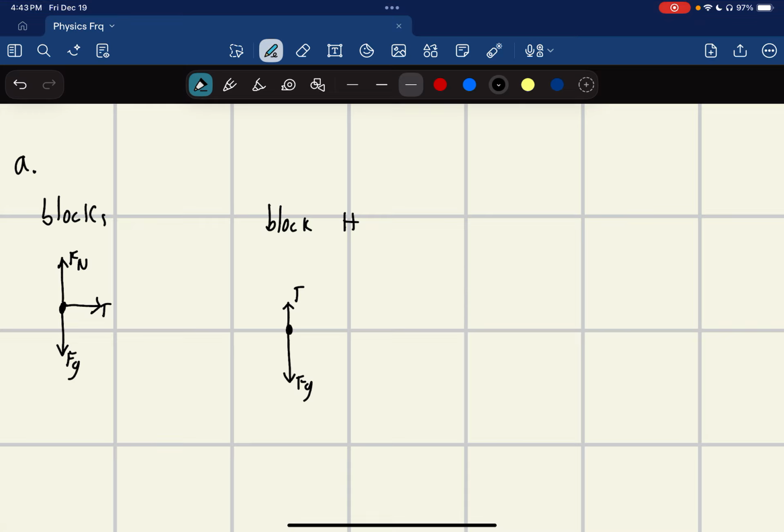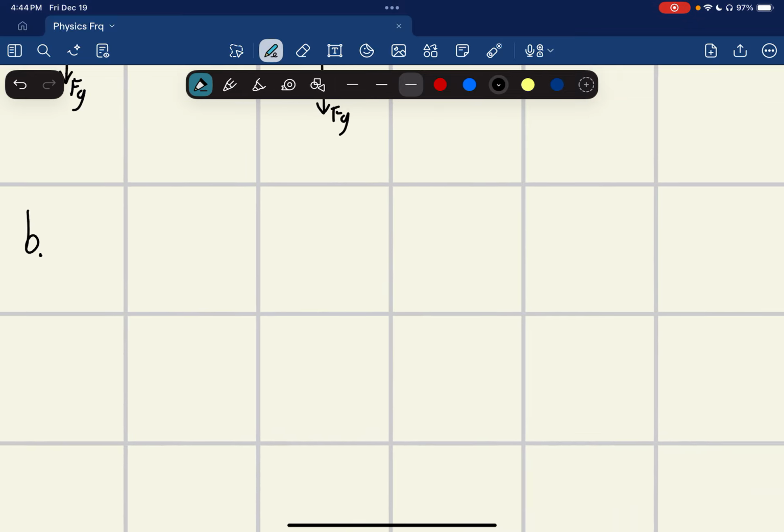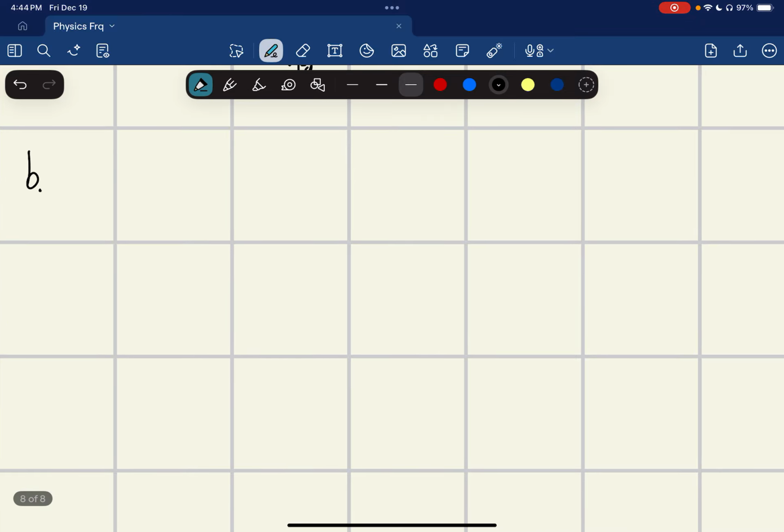All right, part B asks us to derive an expression for the acceleration A of the hanging block H in terms of capital M and G. So I would look at the two blocks as a system.